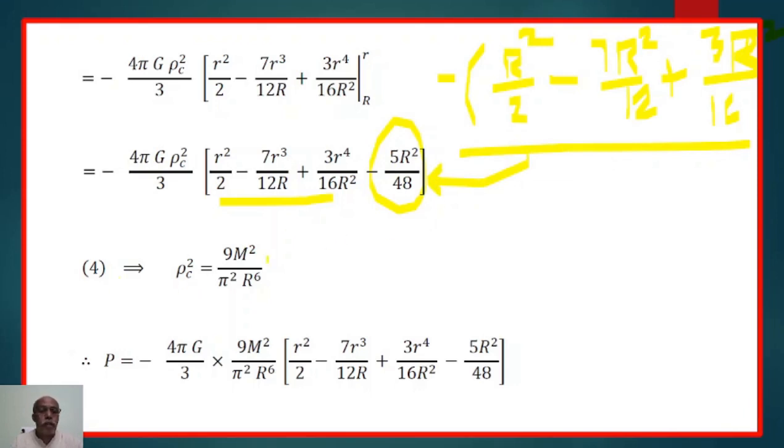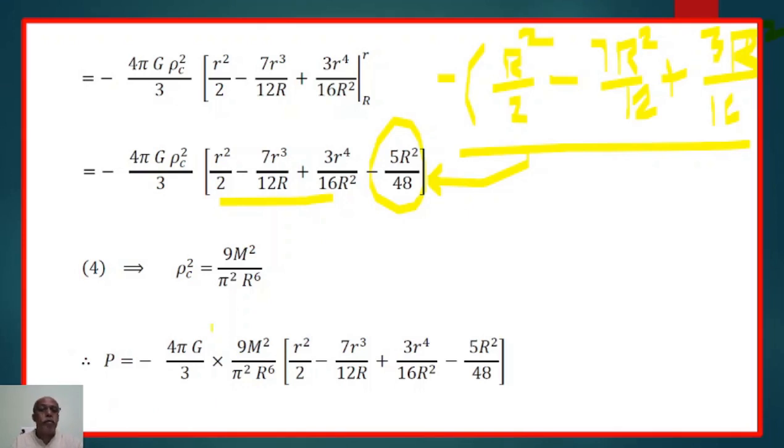But we know that rho c square is 9M square by pi square R to the power 6. On substituting for rho c square in the above expression, we get P equals minus 4 pi G by 3 into 9M square by pi square R to the power 6 into this. This is the expression for the pressure at any point inside the star, at a distance small r from the center.